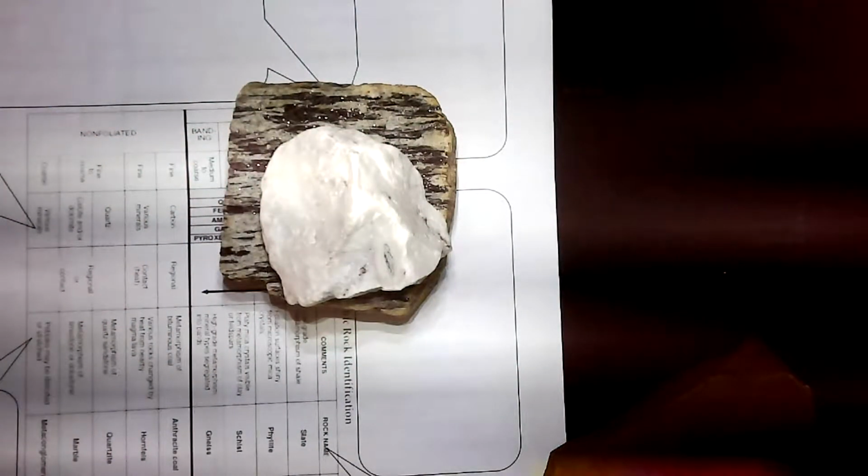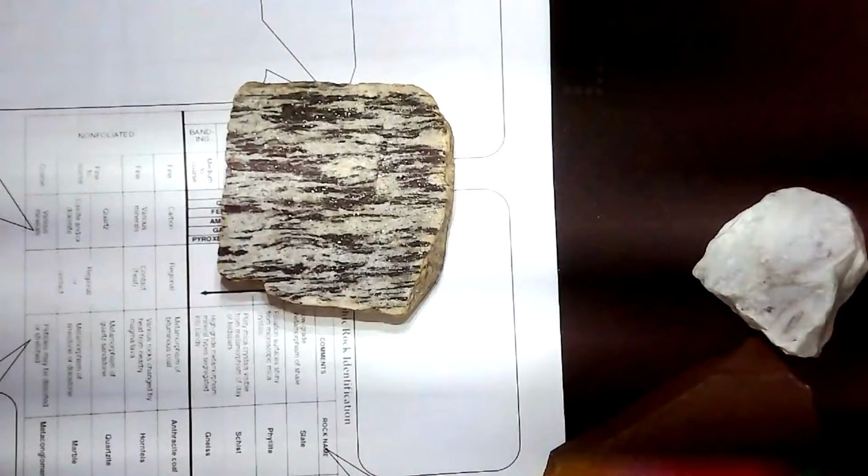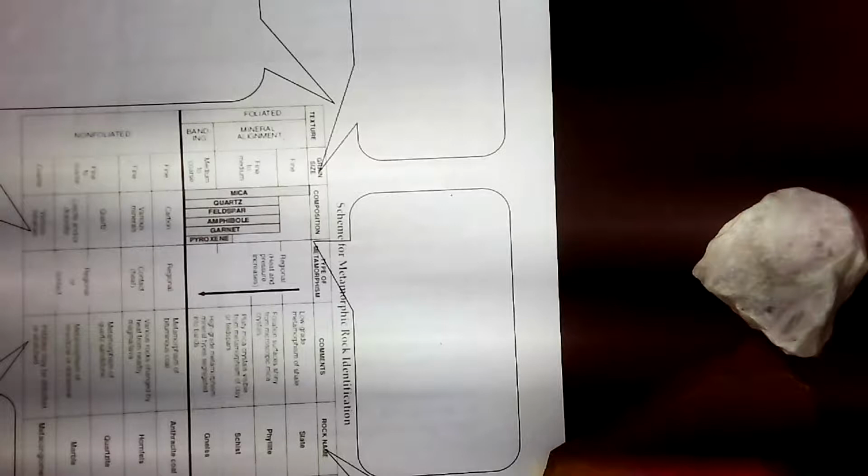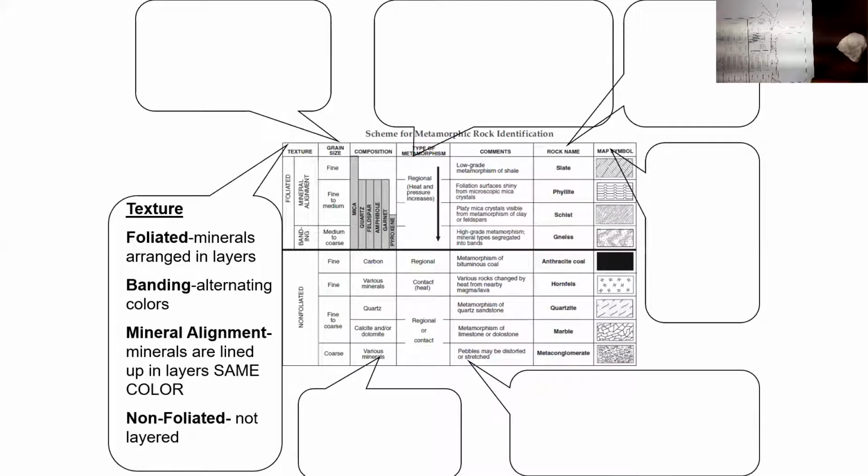No layers. So that's non-foliated. If you get one that has banding, it's your lucky day, because there's only one that's got banding, and that's the mineral gneiss. This is pronounced gneiss.